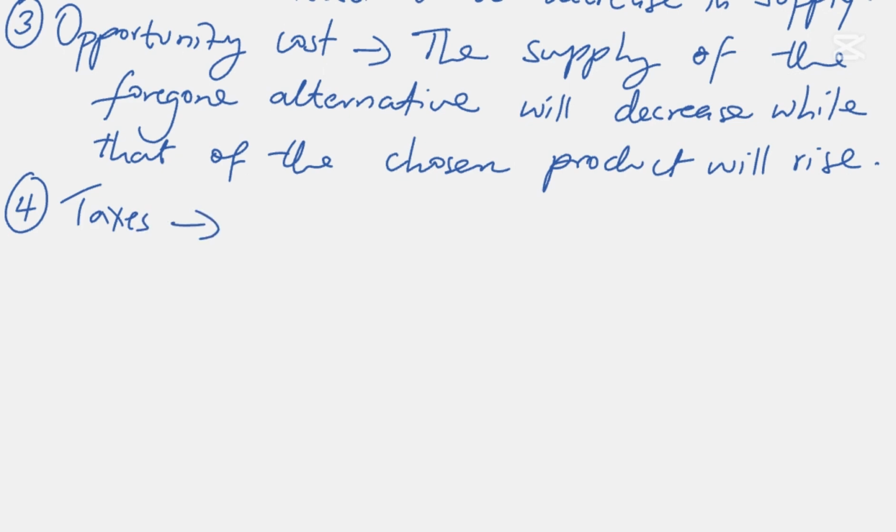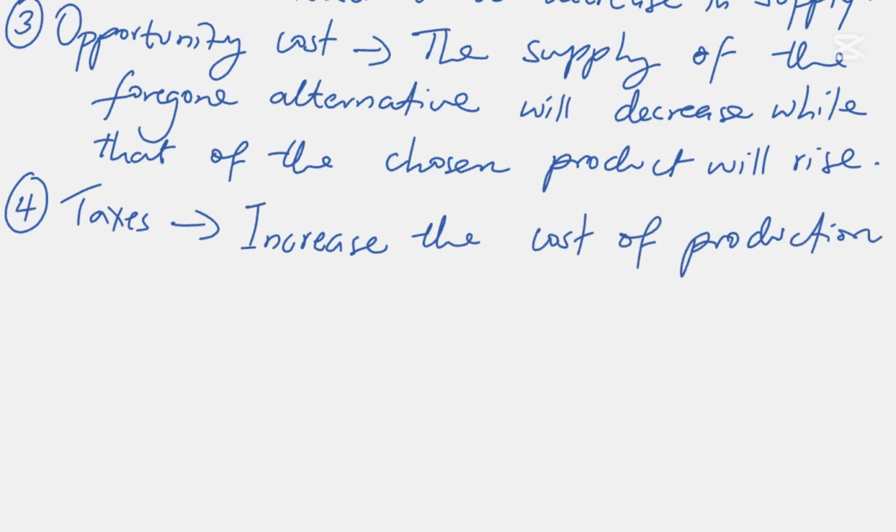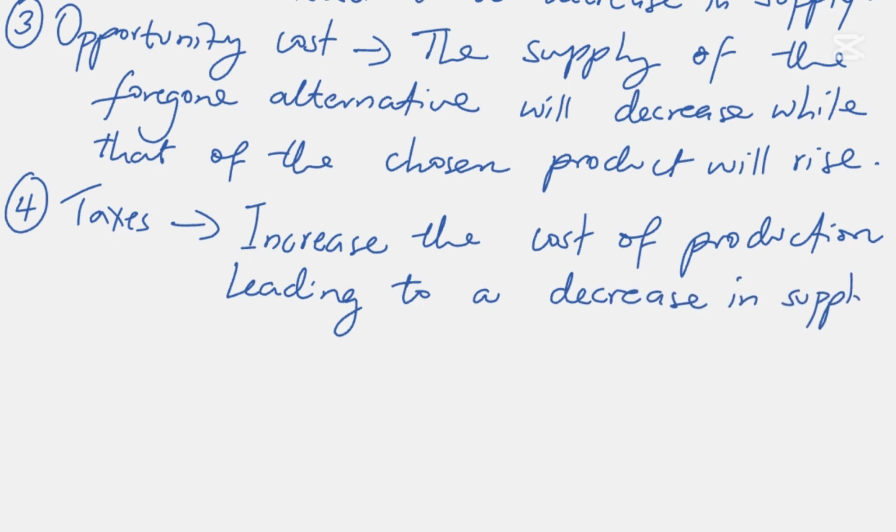Factor number 4 is when we have government policies such as taxation. So an increase in taxes which are geared towards the production of the good or the product means that we shall have a decrease in supply. Reason, they increase the cost of production.